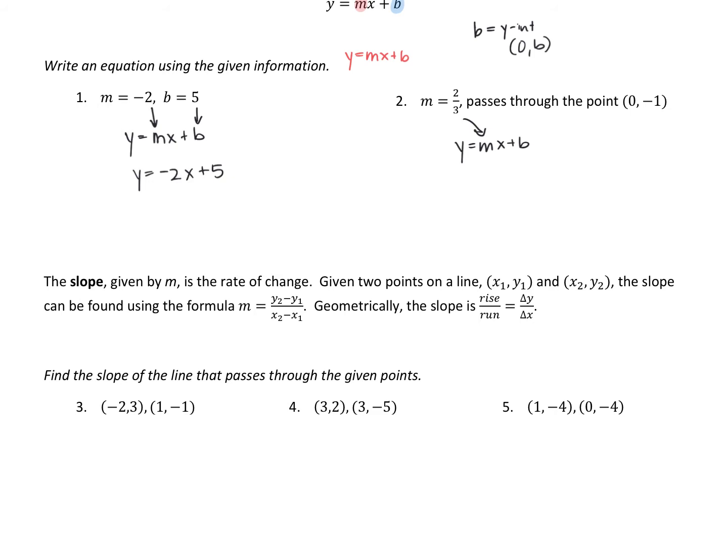So 0, comma b is the ordered pair for the y-intercept. So in fact, this is the b. They just gave it to you in a different form. So we do know the b. Again, if they give you the m and the b directly, it's very easy to write an equation. So y equals 2/3 x, b is -1, so minus 1. And that's your equation of the line.